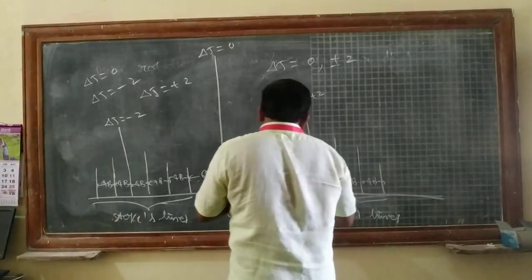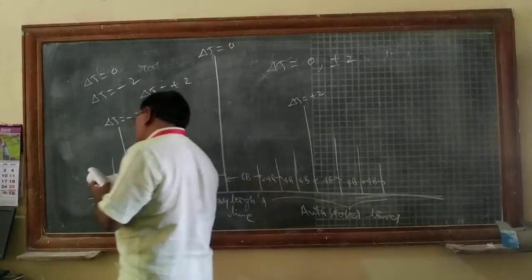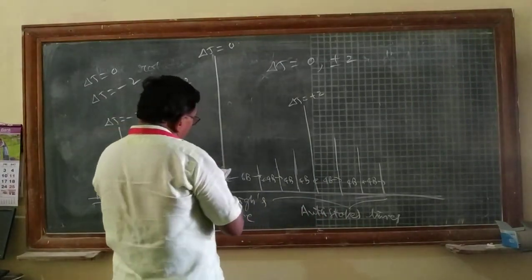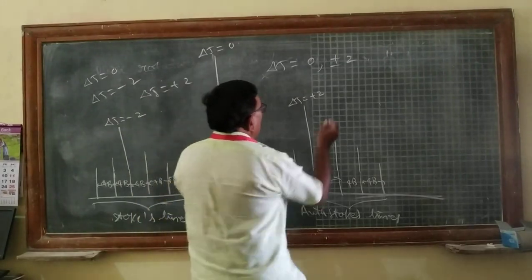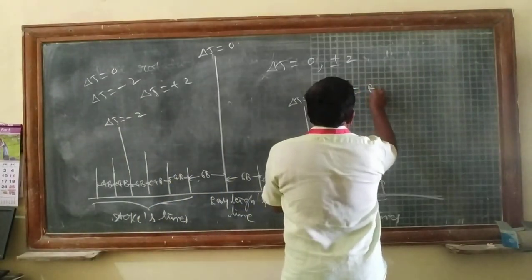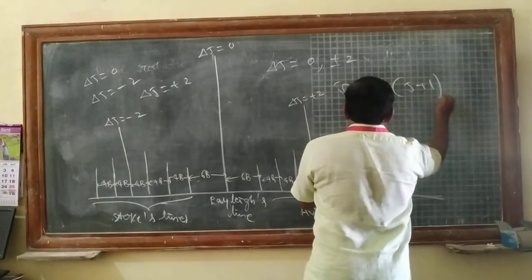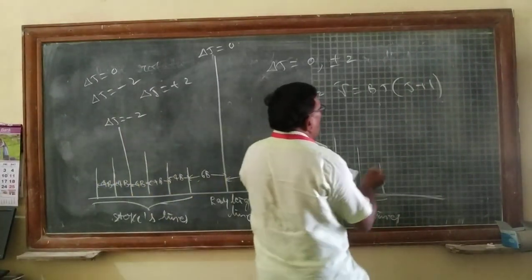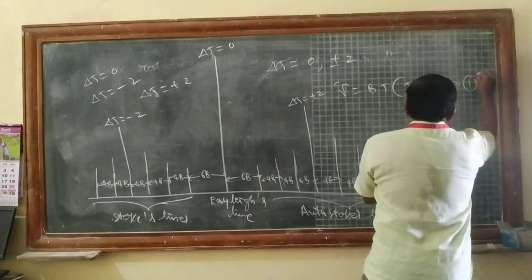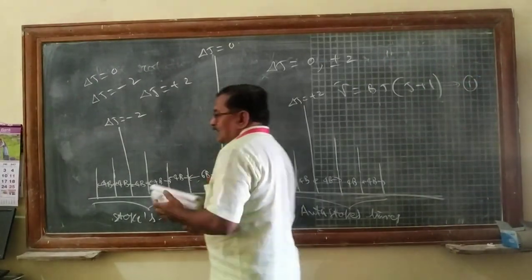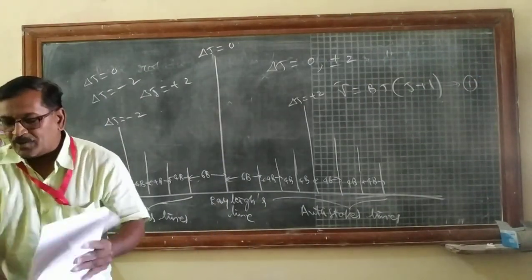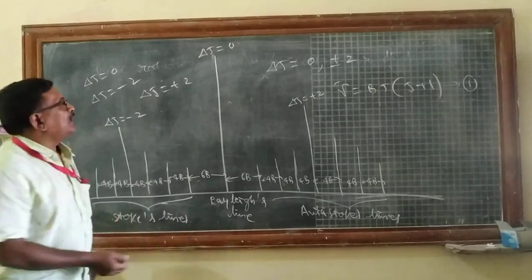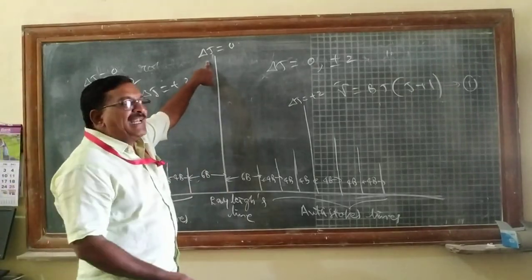So that is the energy of the rotational spectra. The rotational level in terms of wave numbers is given by nu bar is equal to B J into J plus 1. This is equation number 1. The center line is delta J is equal to 0, the Rayleigh line.